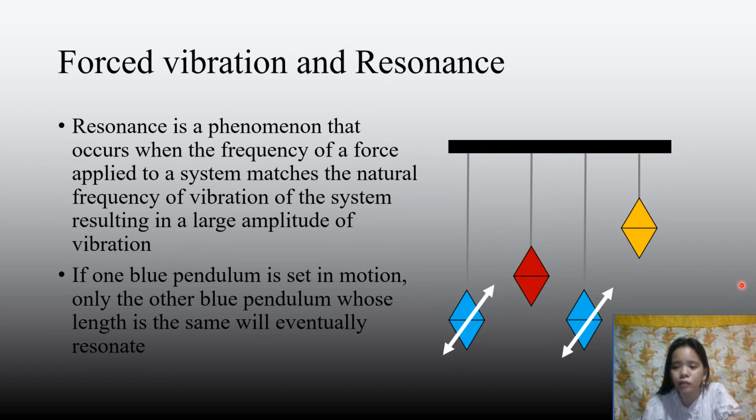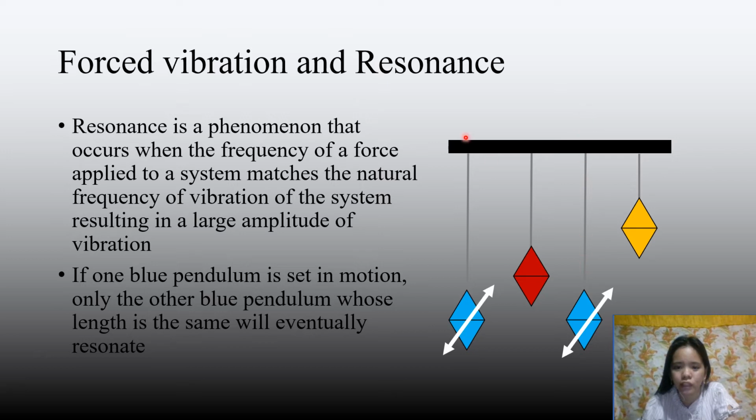For example, if you vibrate one of the blue pendulums, that will cause the other pendulum to have the same frequency and vibrate with a much higher amplitude. This is the common sense of resonance. So if one blue pendulum is set in motion, only the other blue pendulum, whose length is the same, will move and eventually resonate.